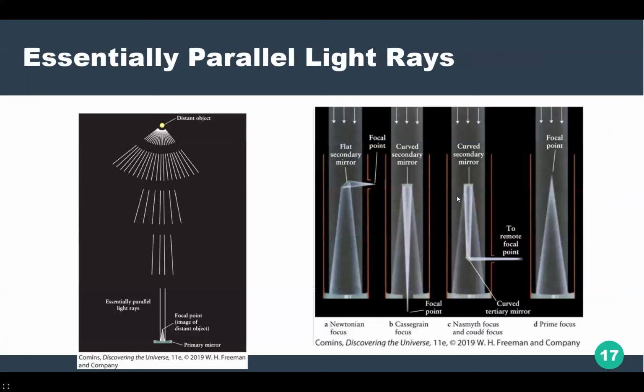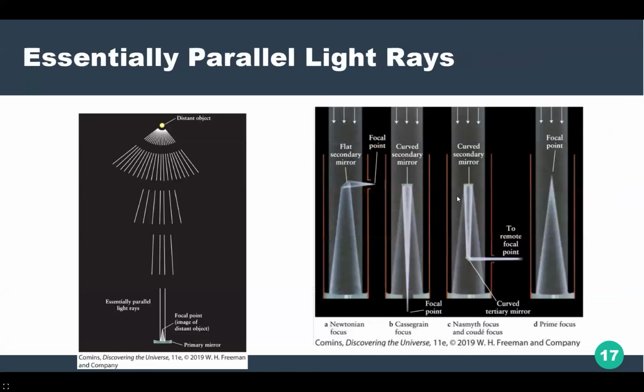This focus is where you place the secondary mirror, or close to it, in order to get the light reflected into the eyepiece or into the sensor that you wanted to look at.